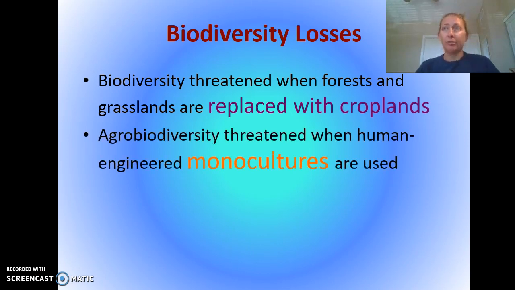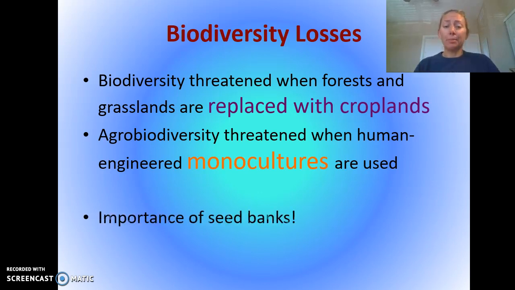These monocultures are not so great for biodiversity either, because the monocultures tend to all have the exact same genetic makeup, which means they could be very susceptible to diseases coming through and wiping them out because there's no genetic diversity. So polycultures are much better in terms of maintaining diversity.